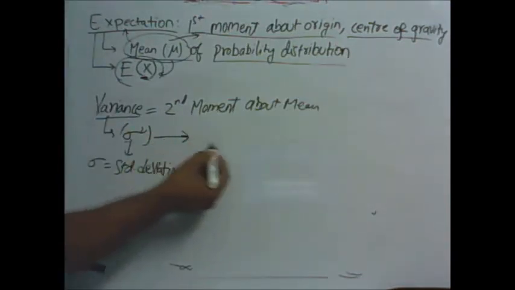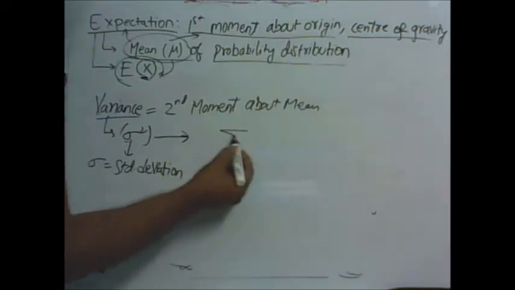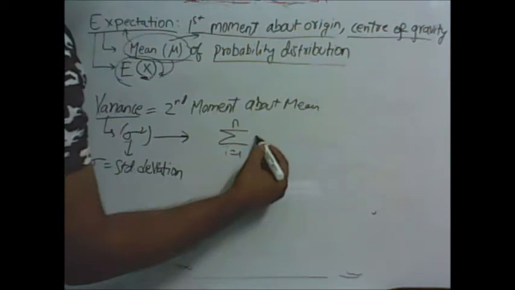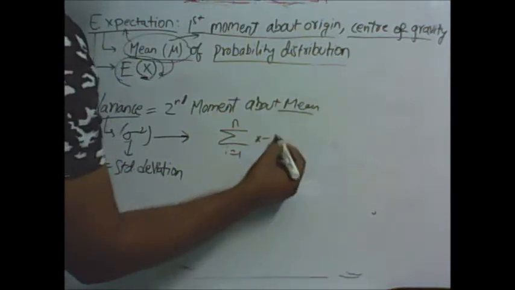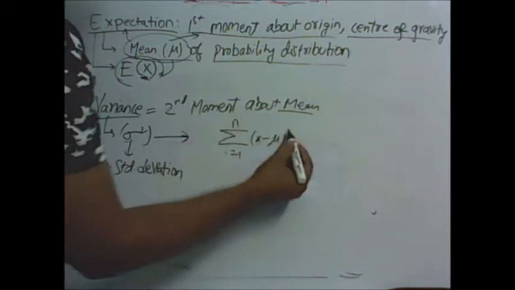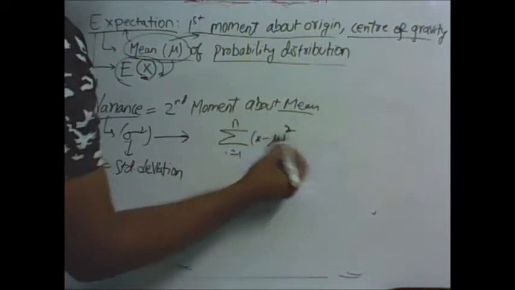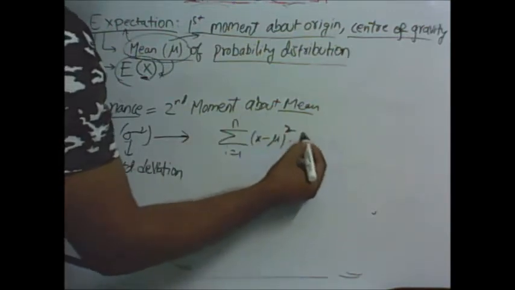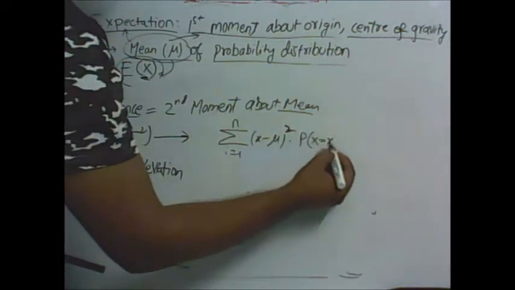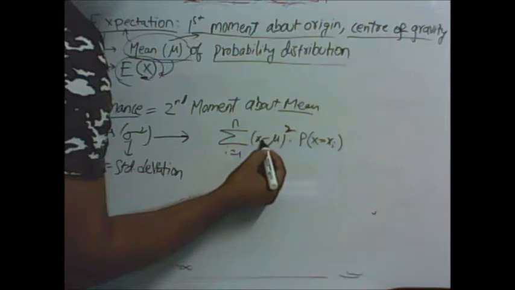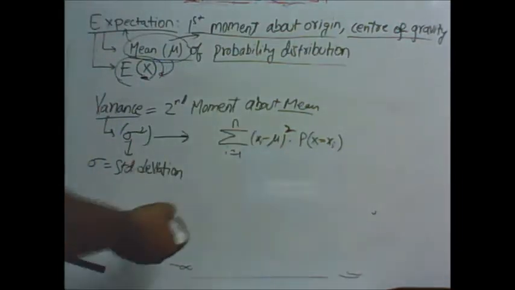Sigma square is given by, if it is a discrete case, summation i equal to 1 to n, where instead of x square it is about the mean. So x minus mu, the second moment, not the first one, so the square we have to apply, into that probability, its weightage, p of x equal to xi, i equal to 1 to n.